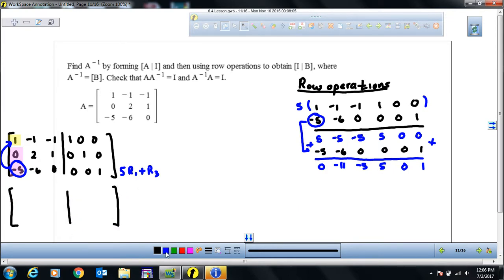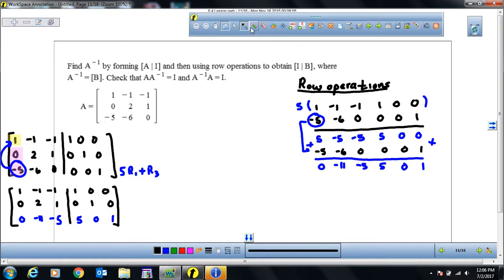So my third row becomes 0, -11, -5, 5, 0, and 1. And then we bring down the other two rows, which are 0, 2, 1, 0, 1, 0 for this one, and 1, -1, -1, 1, 0, 0 for that one.